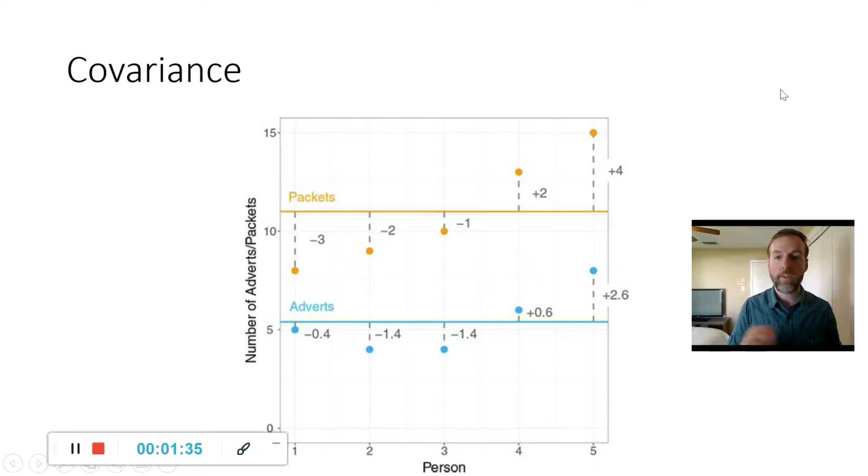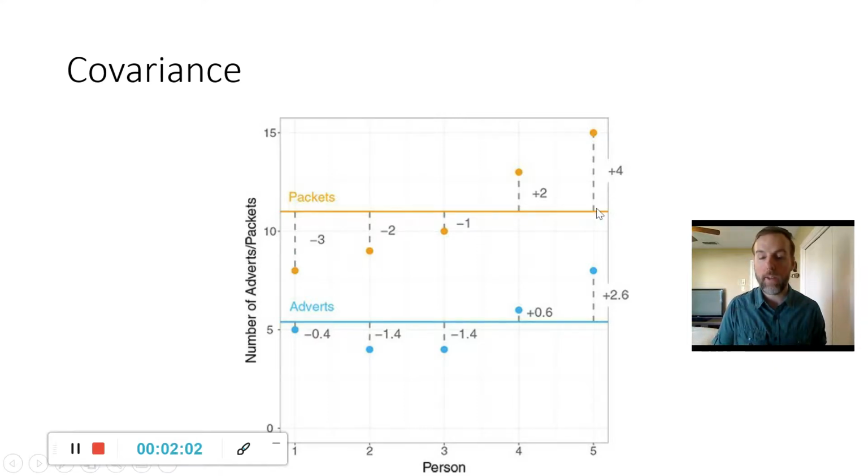So conceptually, we have these two variables, advertisements shown here in blue, and the number of packets. Those horizontal lines are the means across the 5 participants. The number of packets purchased looks to be about 11, and our first participant was 3 packets below that mean. So they're varying below the grand mean in this case.